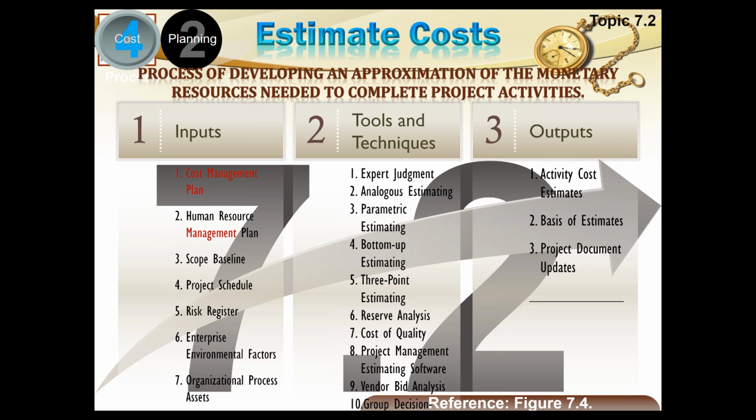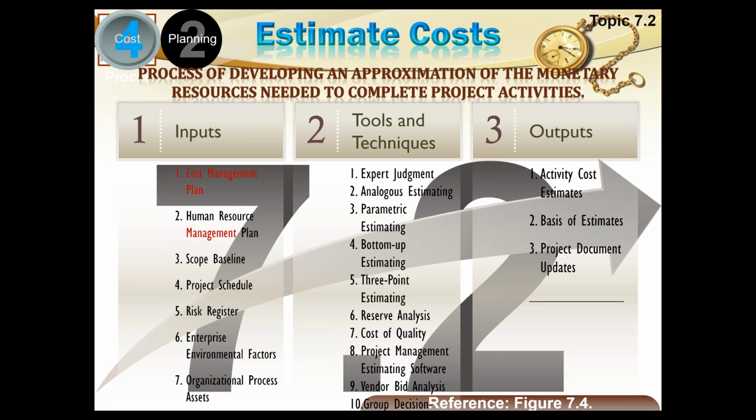Then we calculate the reserve analysis, how much reserves have to be kept for each activity as far as the cost is concerned. Then I have to reserve some money for the cost of quality. I have to ensure quality assurance and control. Then how much money I am ready to spend for that. Project management software can be used. Vendor bid analysis.